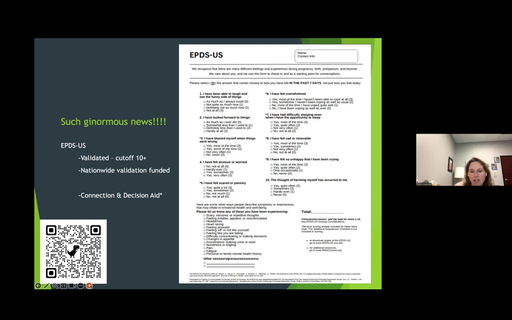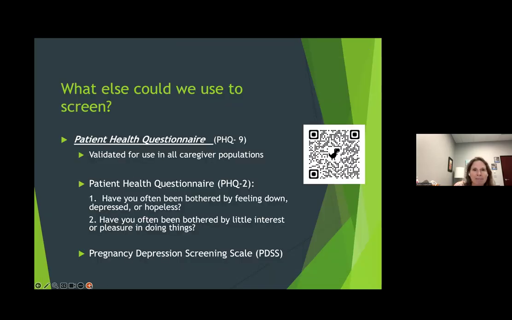That's that PMH Connect website. Some researchers worked very hard to get one that seemed to be more understandable to women in the US, because if you've used the EPDS, you know that the language is sometimes a little bit not how we talk around here, right? So this is super exciting. And they do have some other aids with it that I'll show in a little bit.